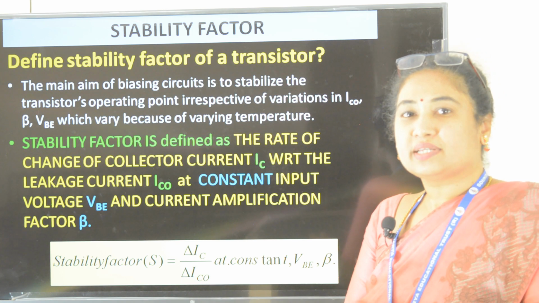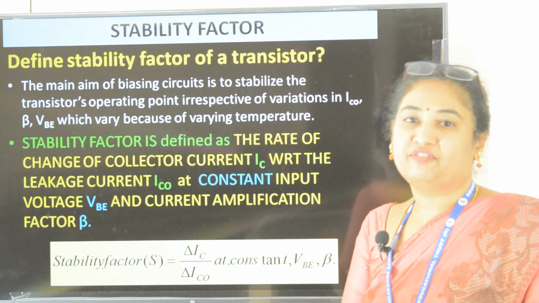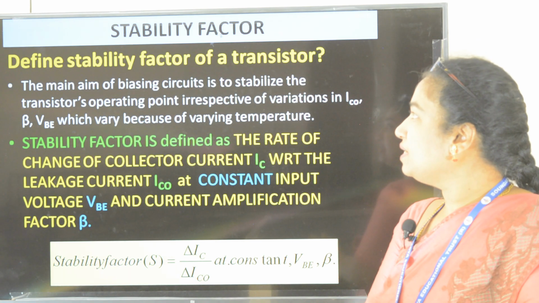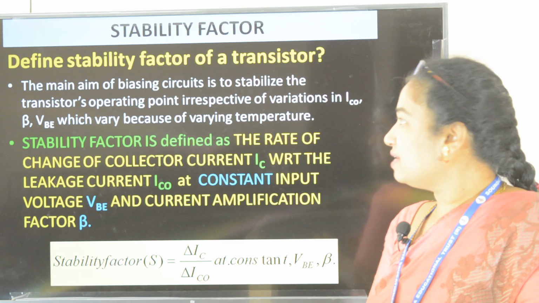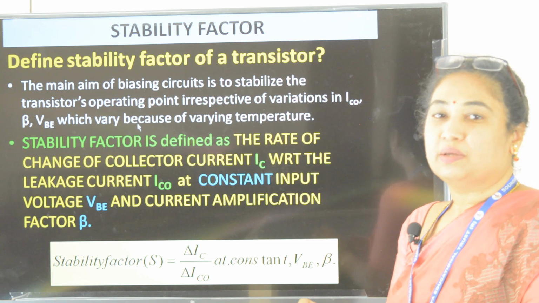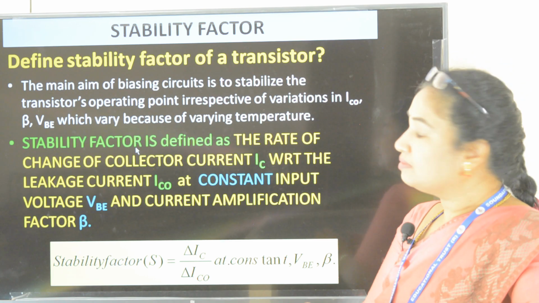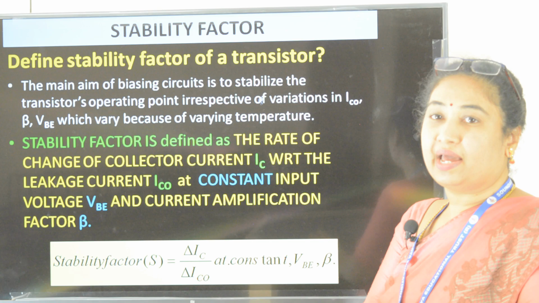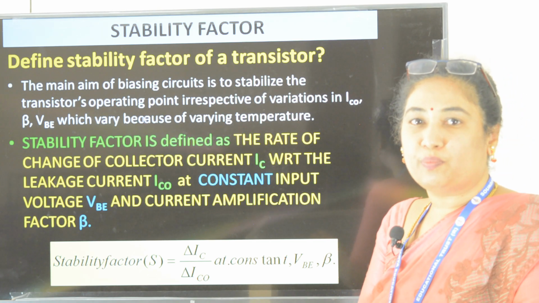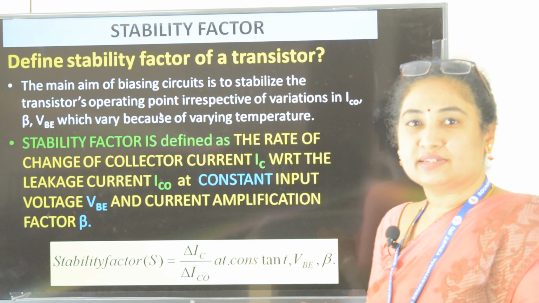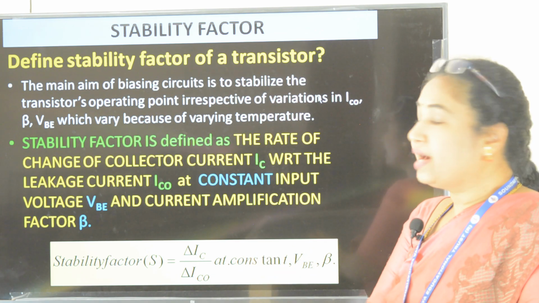We shall now discuss another important factor called the stability factor. How do we define the stability factor of a transistor? We know that the main aim of the biasing circuit is to stabilize the transistor's operating point, or Q point, against any variations in its parameters. What are the parameter variations?